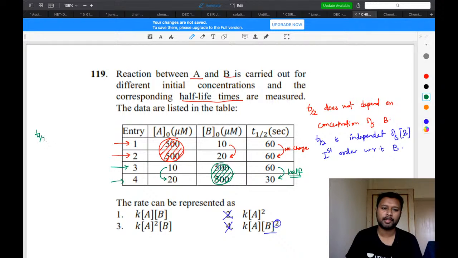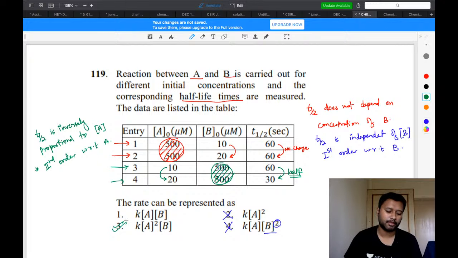So you will say that T half, good, very good, Reti, T half is inversely proportional to the concentration of A, or you can say that the reaction is second order with respect to A. So second order with respect to A and first order with respect to B. So the correct answer should be your option number 3.